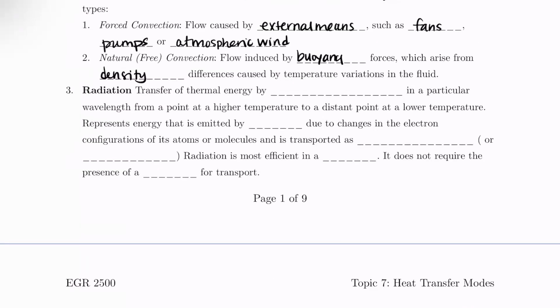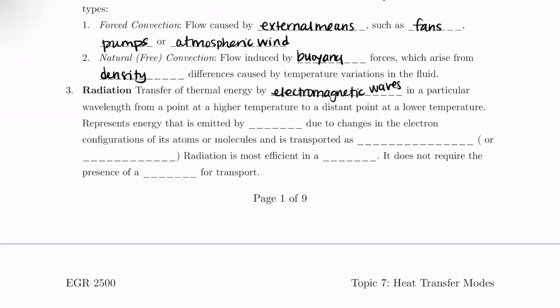The third form of heat transfer is radiation. So radiation is the transfer of thermal energy by electromagnetic waves in a particular wavelength from a point at a higher temperature to a distant point at a lower temperature.